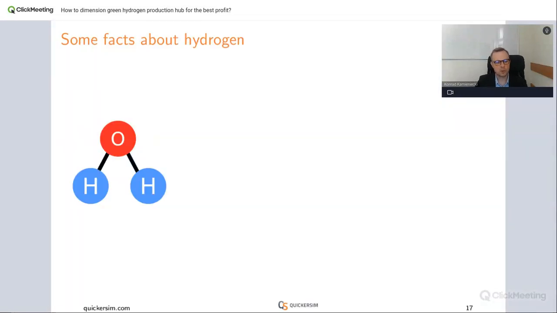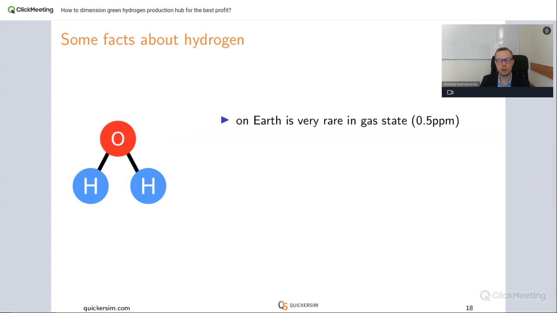Maybe before we proceed to the main topic, let's talk a little more about some interesting facts about hydrogen. Actually, hydrogen is a pretty rare element in gas state. It is more or less half a part per million. So it is pretty difficult to get hydrogen in gas state for industrial application, for example.